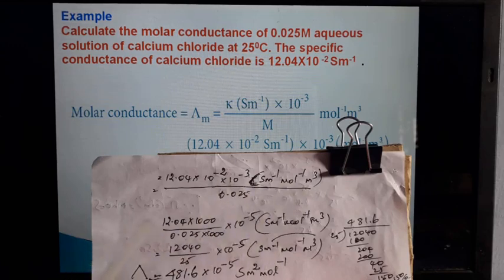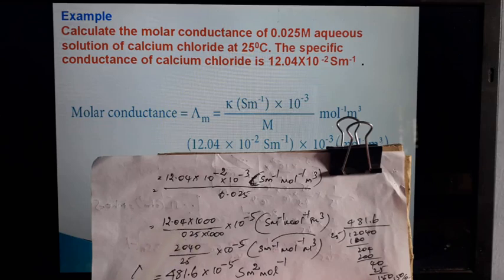So 12.04 into 10 to the power of minus 5. Now I want to remove the decimal places in the denominator 0.025, the 3 decimal places, so I multiply by 1000, and I also multiply the numerator by 1000.